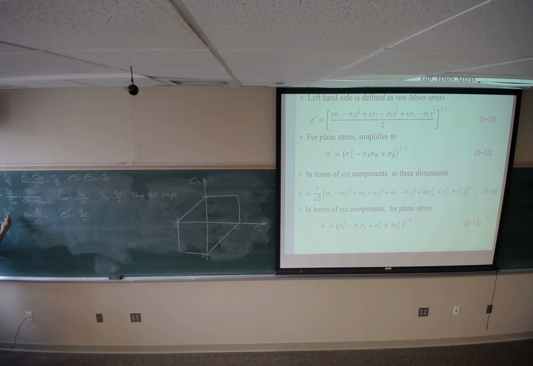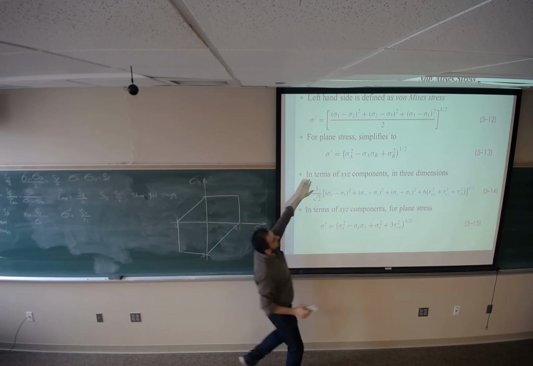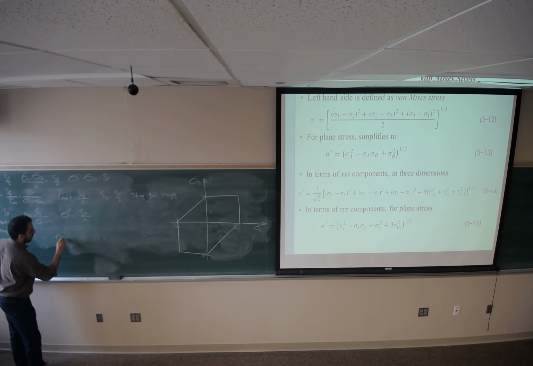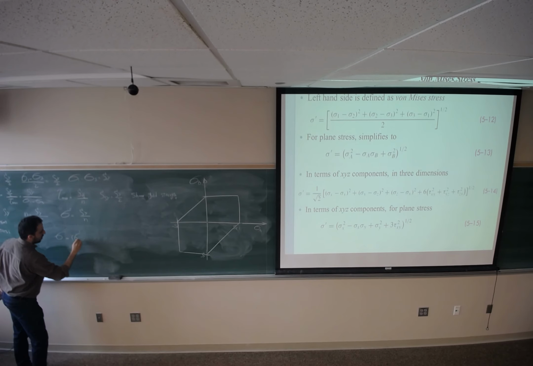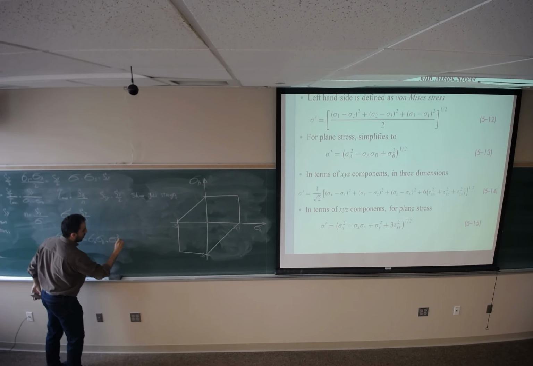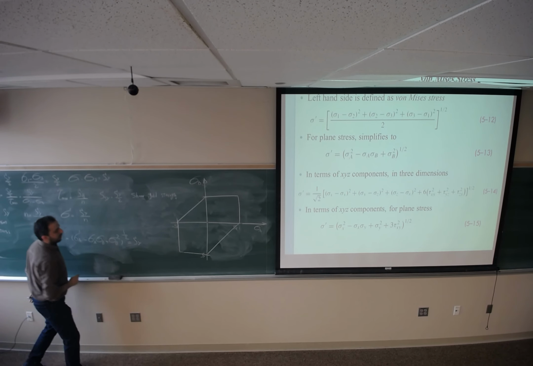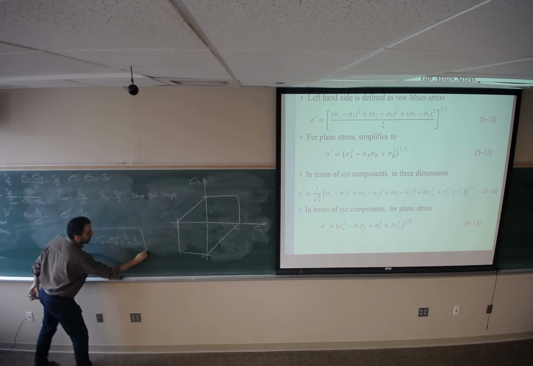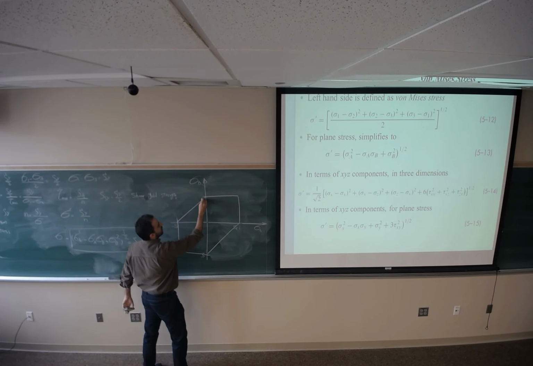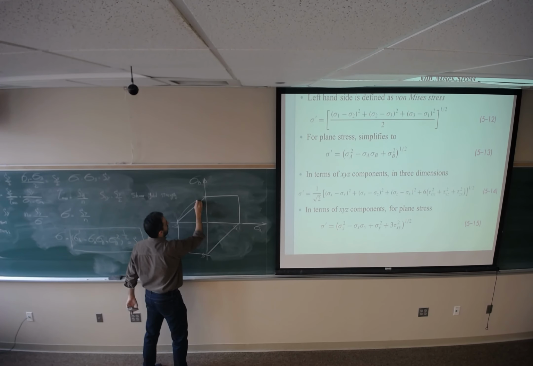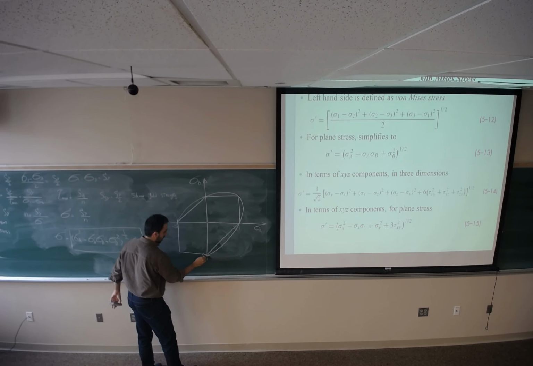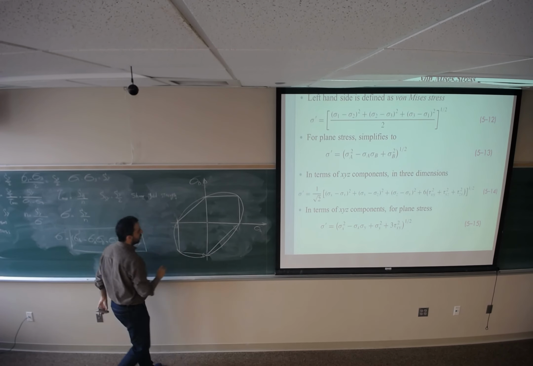Now, for distortion energy theory, if we have sigma A and sigma B, if I want to plot this, it's not a linear function, it's going to look something like this.